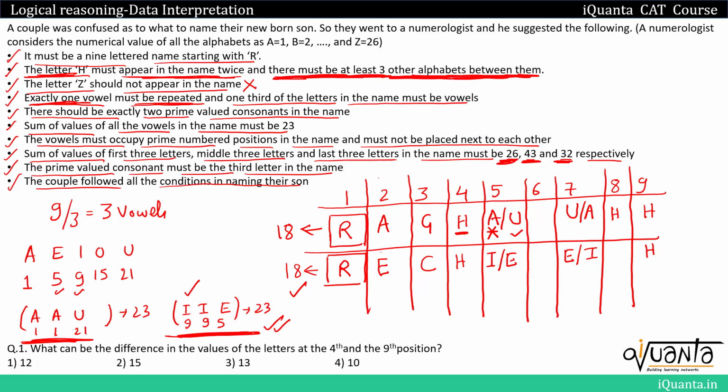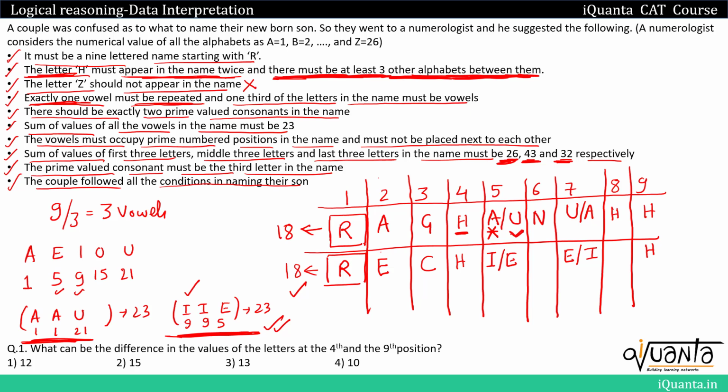So if U is at the 5th position, H has value 8, U has value 21, so 21 plus 8 gives me 29. To make the sum 43, I need 14 more. Which is the alphabet having value 14? It is letter N. So at position 6 we will have letter N.